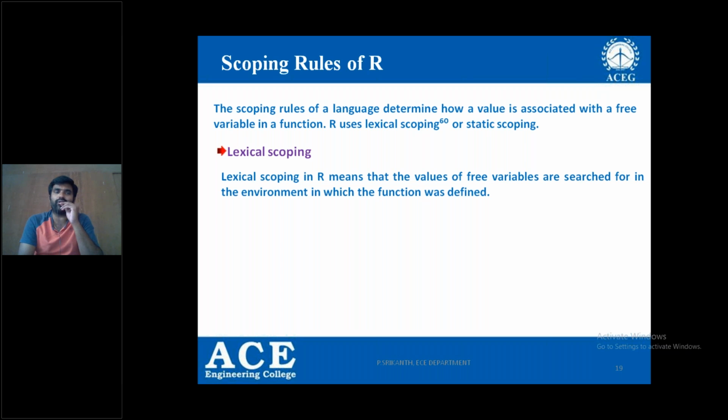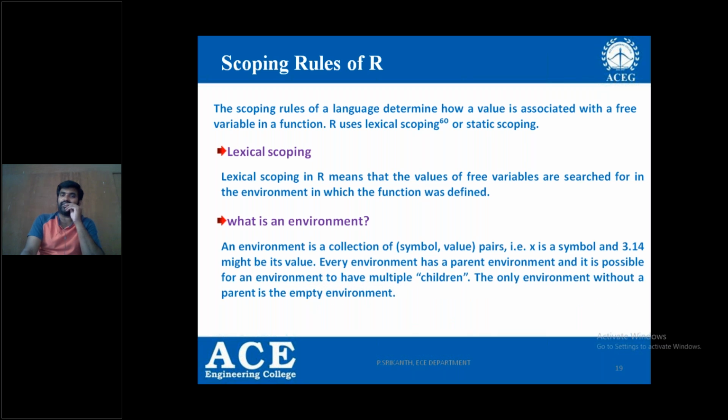Lexical scoping means the values of the free variables are searched for in the environment where the function is defined. So every time I'm saying environment, what do you mean by environment actually? It is a collection of pairs, where x is a symbol and 3.14 might be its value, for example. Every environment has a parent environment, and it is possible for an environment to have multiple children.